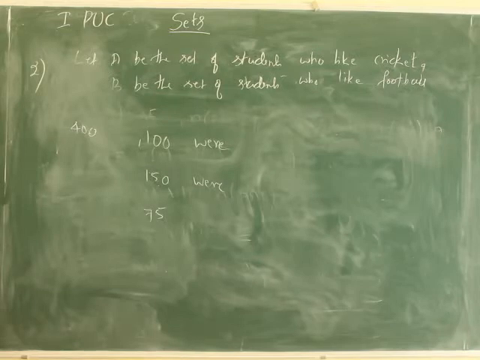This is not the value of the union, because in the previous problem it is mentioned each student likes at least one game. But here it is not mentioned. There are many students we are surveying, so 400 is the number of students in the universal set.